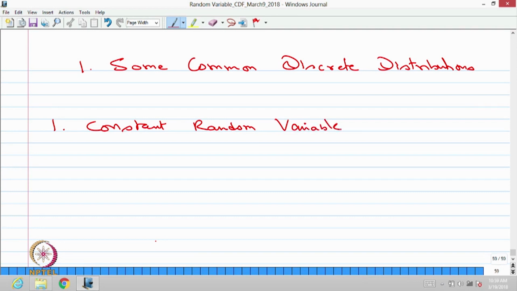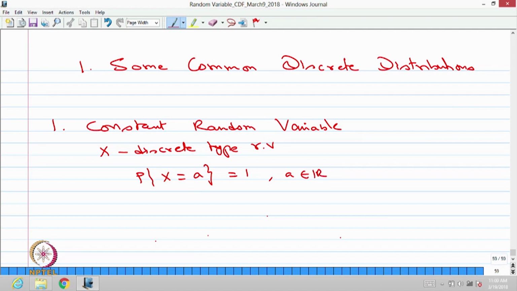A random variable X, which is a discrete type random variable, is said to be a constant random variable whenever the probability mass function of that random variable X takes one single value A with probability 1. A can be any real number. That means the whole unit mass is accumulated at the point x equal to A.